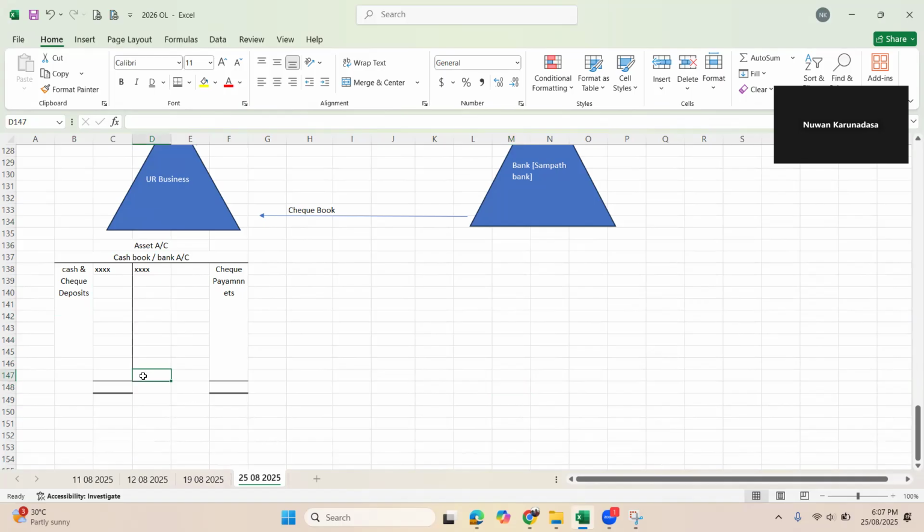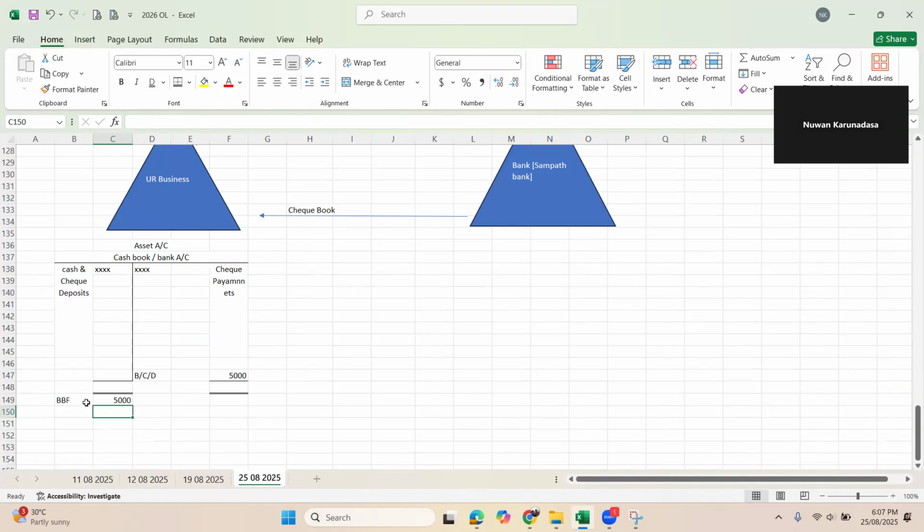Then just think, as per your record, the balance shown in the current account is 5,000. You are not happy. You think that I have done more than this in transactions, so how did the balance come to 5,000?